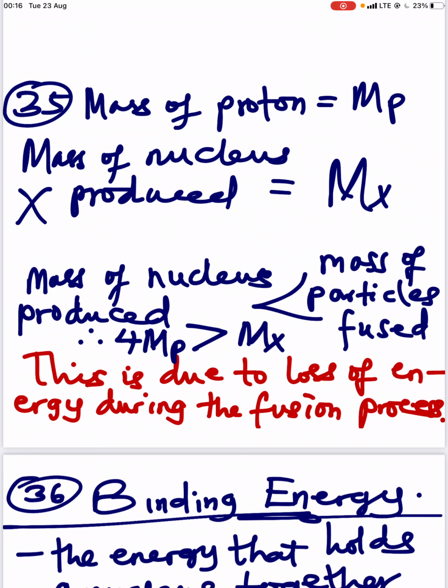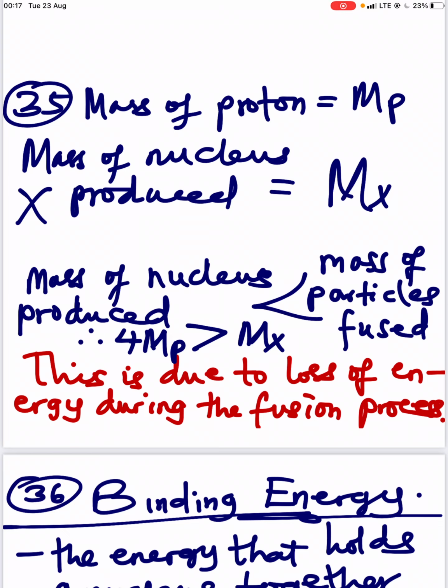Now, what is correct is that the total mass of all the protons brought together, 4 times mp, will be greater than the mass of the nucleus formed, mx, because some of the mass will be lost during collision and fusion, and that mass lost will equate to the energy released using the equation E is mc squared, where m is the mass lost.